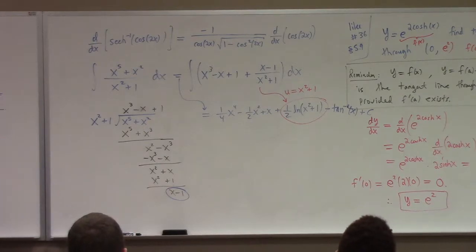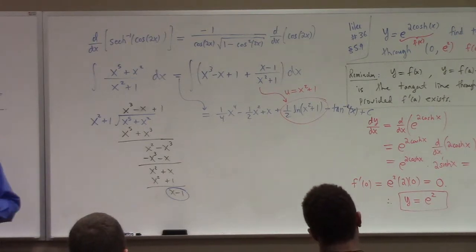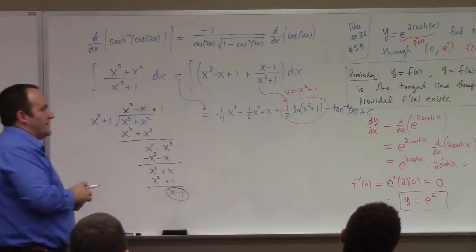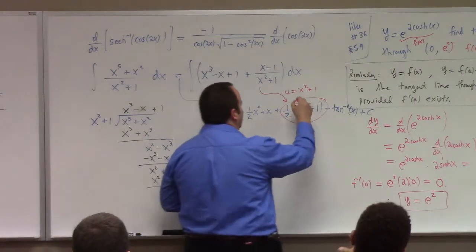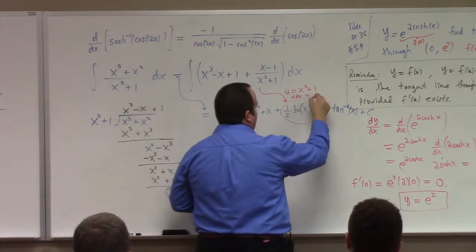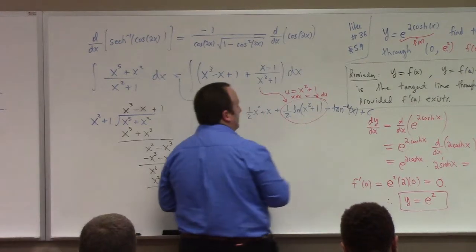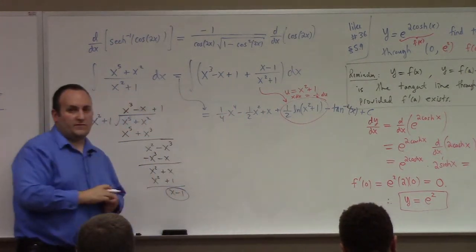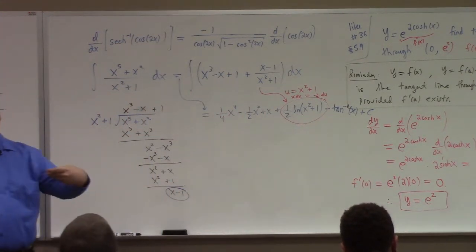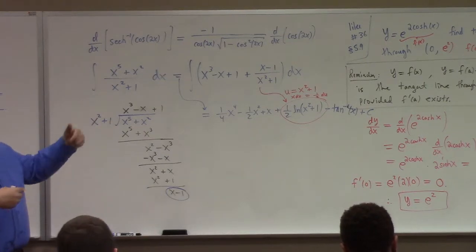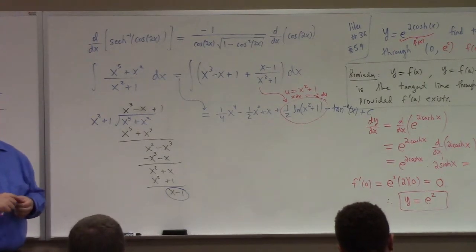So du is 2x dx. I'm sorry, x dx is 1/2 du. So the x piece gives me the log, and then the minus 1 over x squared plus 1, that's an arctangent, right? That's one of our elementary integrals.